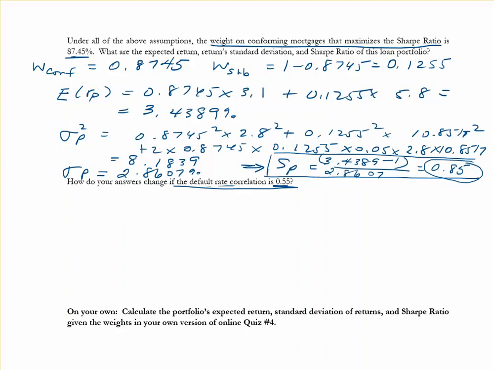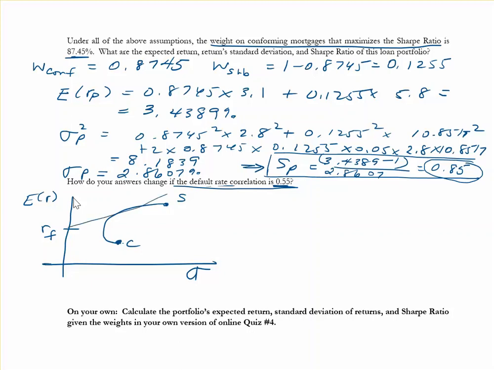Well, a few things. So that's the subprime. That's the conforming. If I plotted these numbers on a graph of the expected return against standard deviation, the Sharpe ratio would be the slope of this line that's tangent there. That'd be my optimal P.